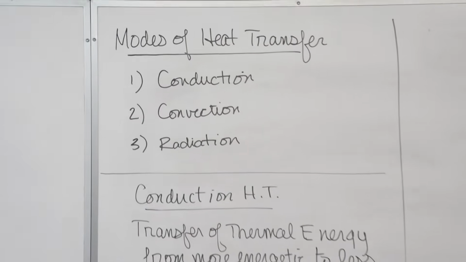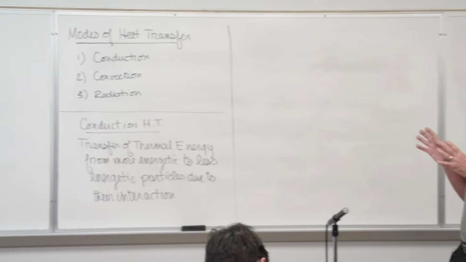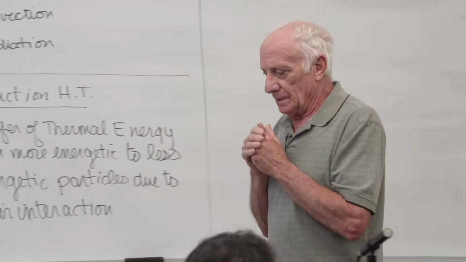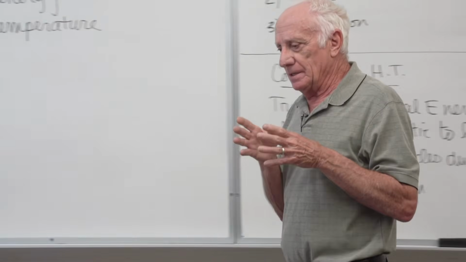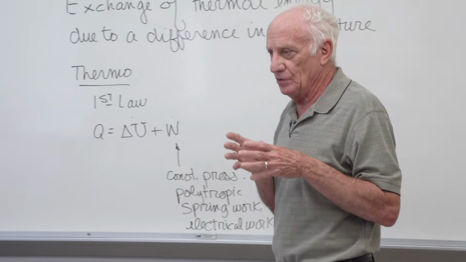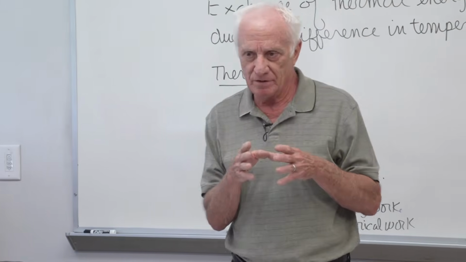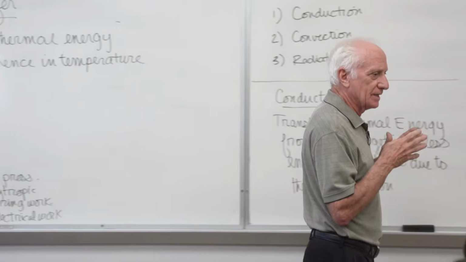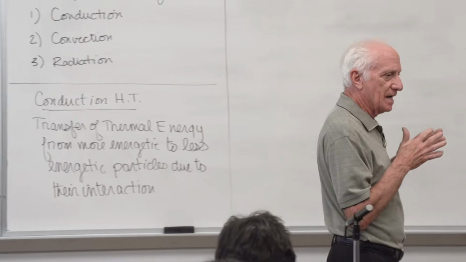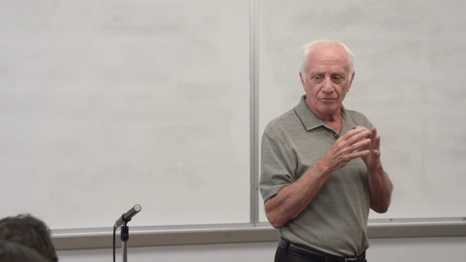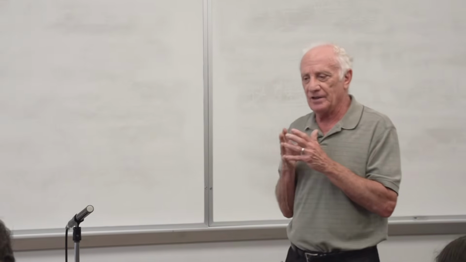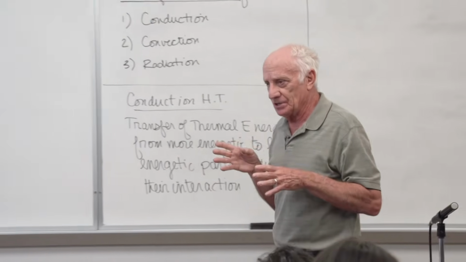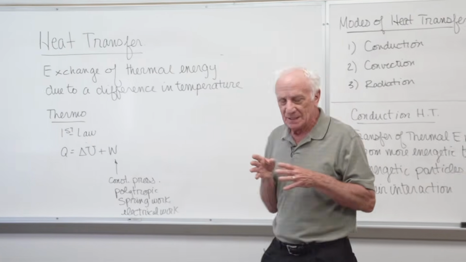Chapter 1 briefly goes into these three modes of heat transfer. But then we get into depth in conduction in chapters 2, 3, 4, and 5. We get into depth in convection in chapters 6, 7, 8, and 9. And we cover radiation in chapters 12 and 13 in more depth. But chapter 1 is an introduction to those three modes of heat transfer.